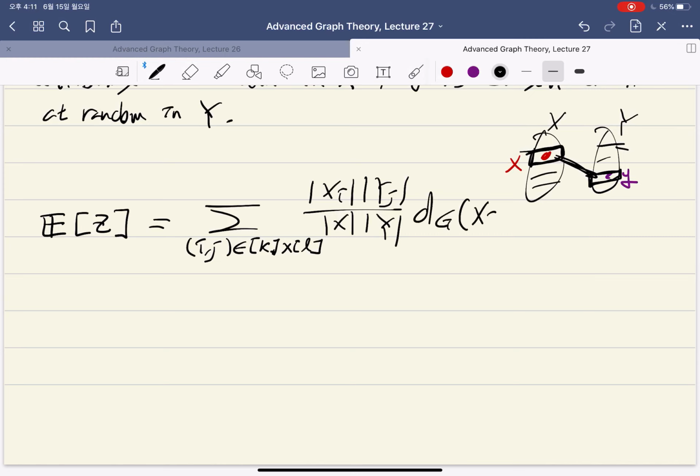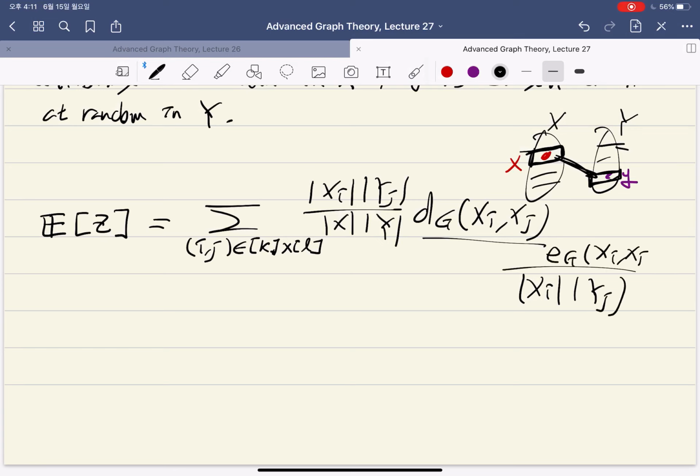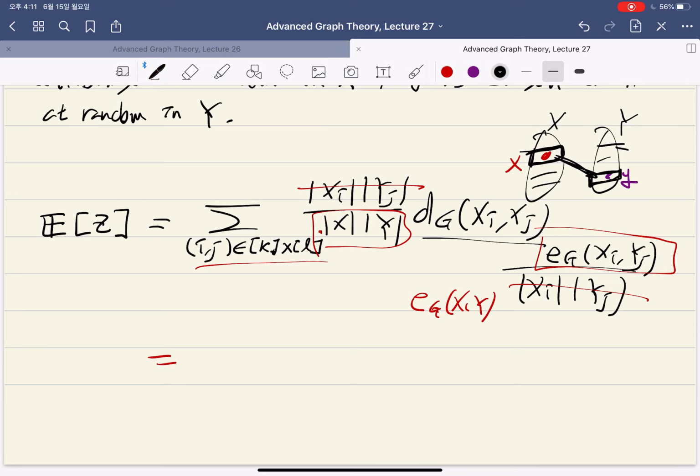And then you get this density, which is the number of edges between Xi and Yj over |Xi||Yj|. If you compute that, then this and this cancel out, and this is common, and then you add them all, and you get the number of edges between X and Y. So this is the same as the density between X and Y.